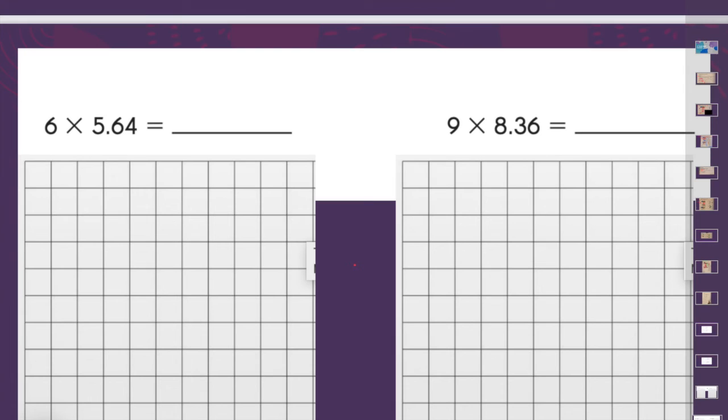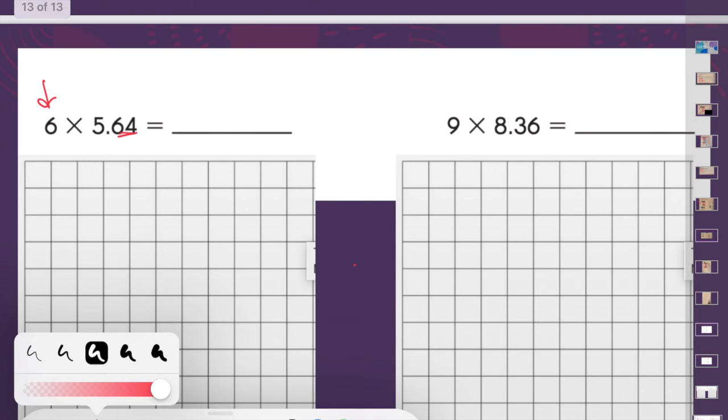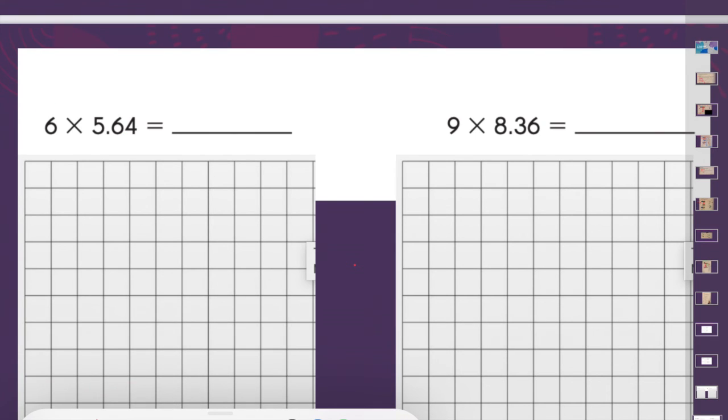Let's look at some examples of multiplying decimals into the hundredths with a whole number. Okay, so the first thing we need to do is to line up 5 and 64/100ths times 6. I really like using graph paper when multiplying, especially with decimals, just because it keeps everything nice and lined up.